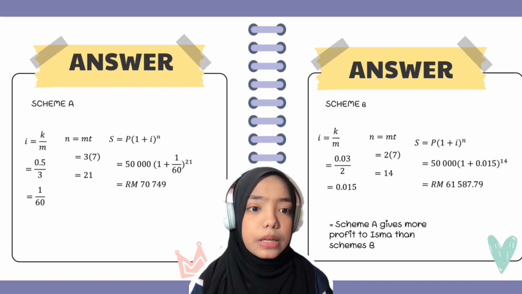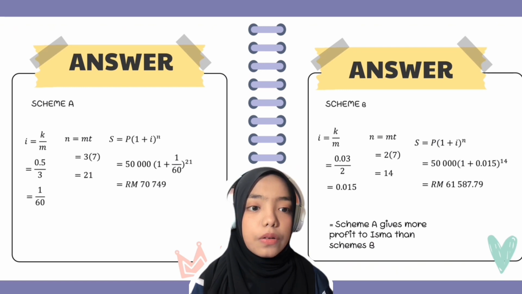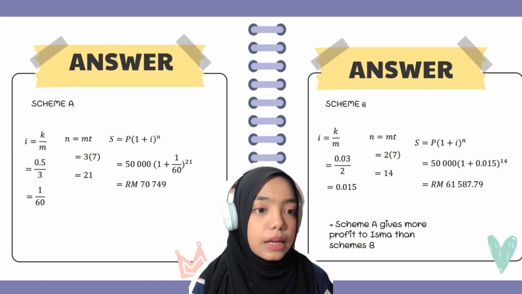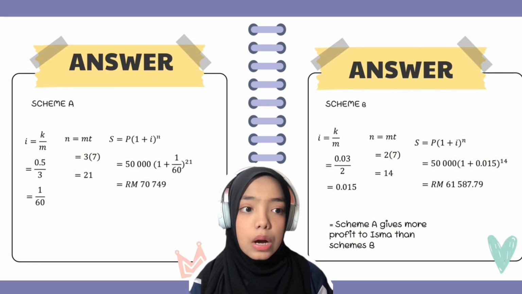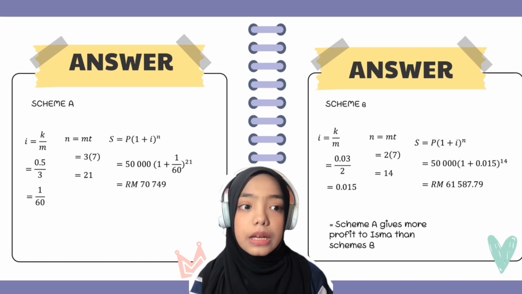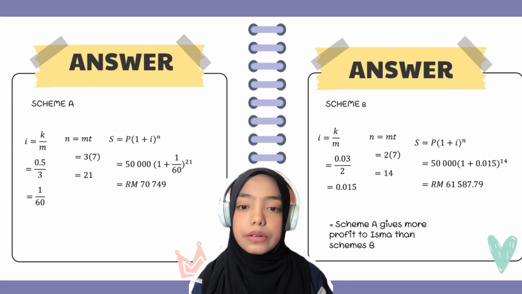The i will be 0.015 and the n will be 14. So if you put it in the formula, you get 50,000 (1 + 0.015)^14, and it will equal 61,587 ringgit and 79 cents.